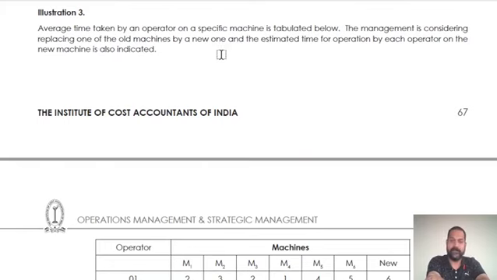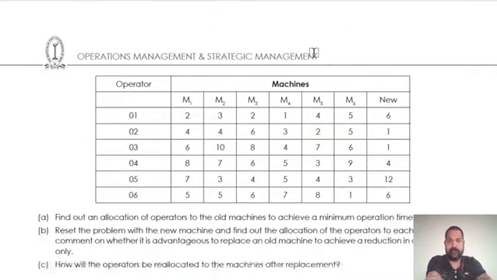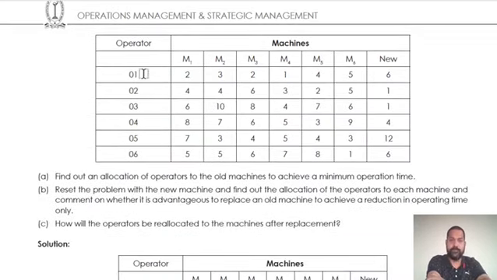Okay, what else? The management is considering replacing one of the old machines by a new machine. Okay, so you have old machines, you want to replace one of them with a new machine. The estimated time for an operation by each operator on the new machine is indicated. Fine. Okay, so this is the table.